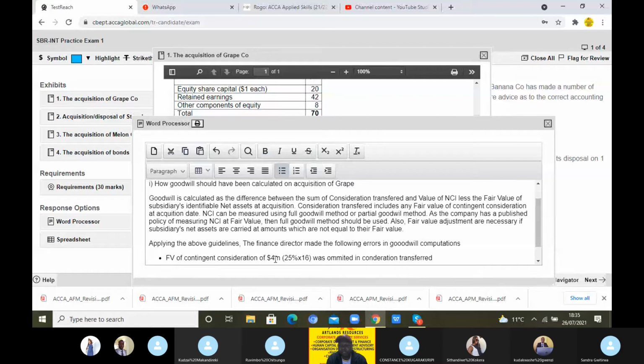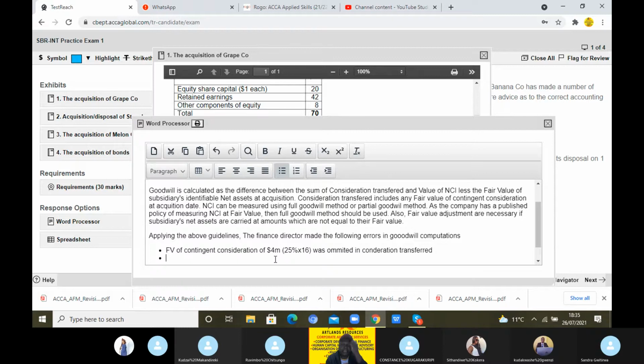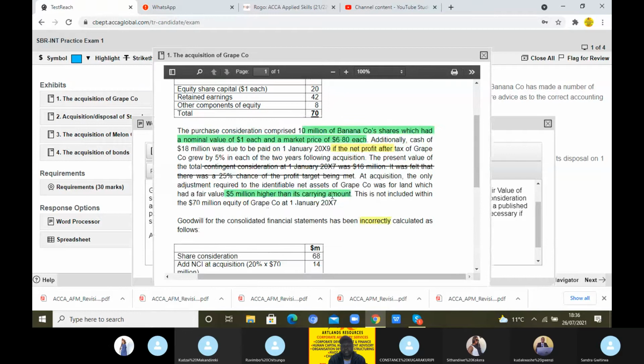What was another error? Another error is fair value adjustment of 5 million, because they omitted land again. They are saying at acquisition, the only adjustment required to identifiable net assets of Grape was land, which had a fair value of 5 million higher than its carrying amount. So we have to adjust fair value adjustment for land.